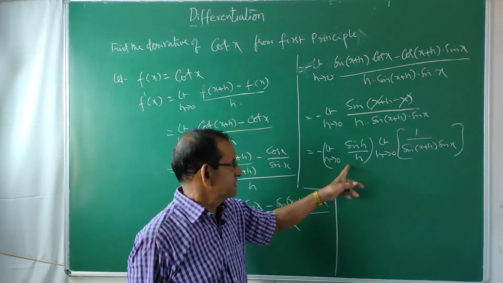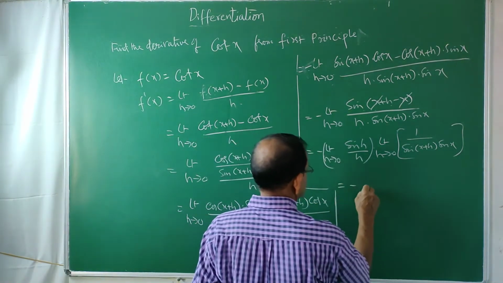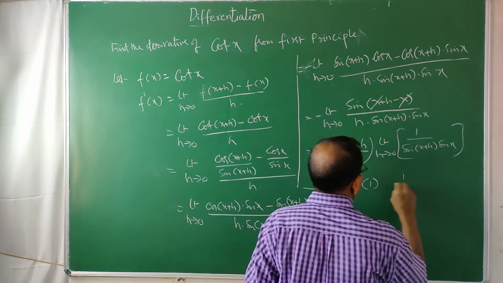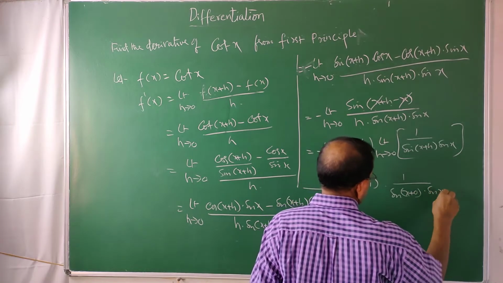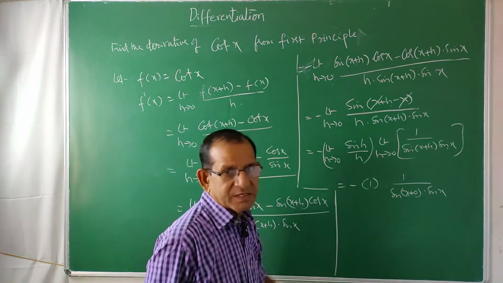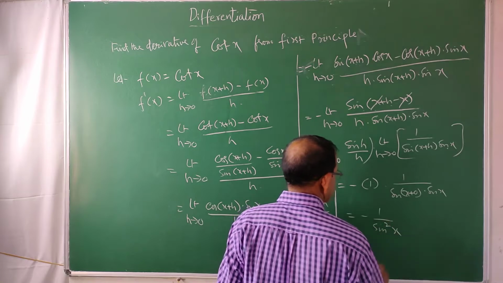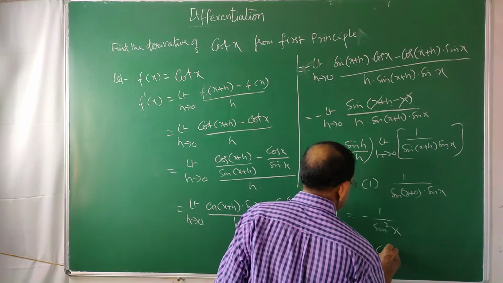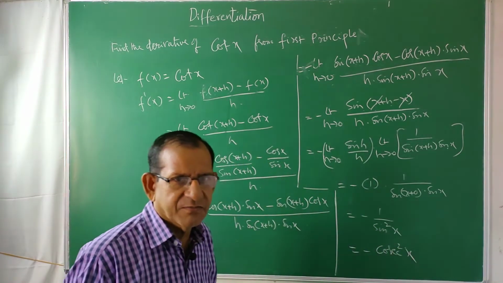You know that sin theta by theta, theta tends to 0, is equal to 1. So minus of 1 into, here you can put h is equal to 0 directly, so 1 by sin(x plus 0) into sin x. In this one there is no h. So minus 1 by sin square x. 1 by sin square means cosec square, that is minus cosec square x. So this is the derivative of cot x from first principle.